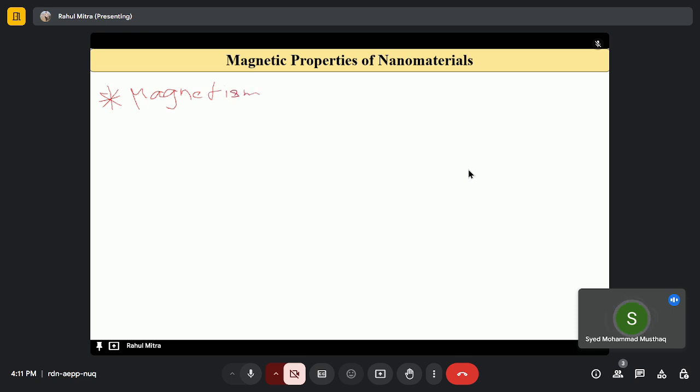Where does magnetism arise, and what is the source of magnetism in materials? There are different types of magnetism in materials, like ferromagnetism and paramagnetism, that we will come to in a bit. But where does it actually arise? There are three parts to magnetism: two parts from electrons and one part from nuclear spins.